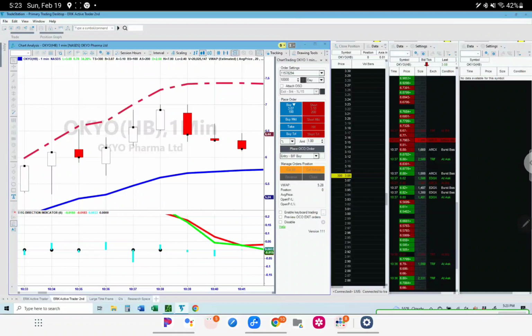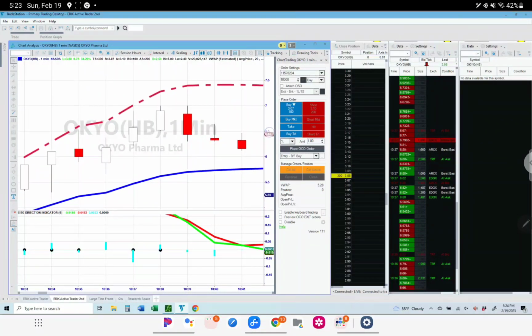Now what price was at $6.79. If we look to the right of our screen here, where are we at? Is it not going to do it? And it's only going to do it up here.